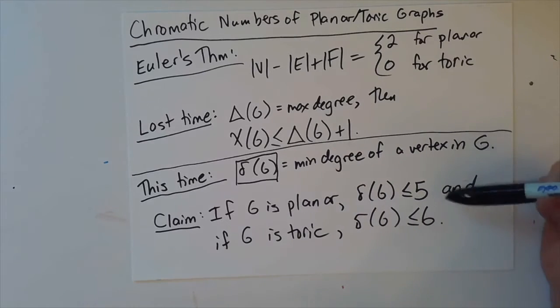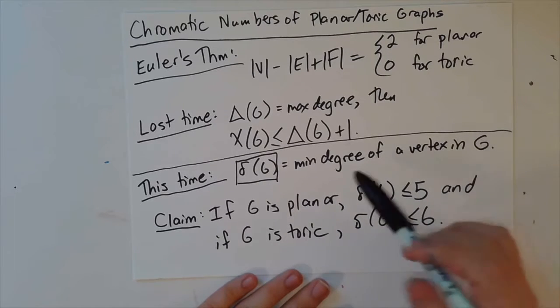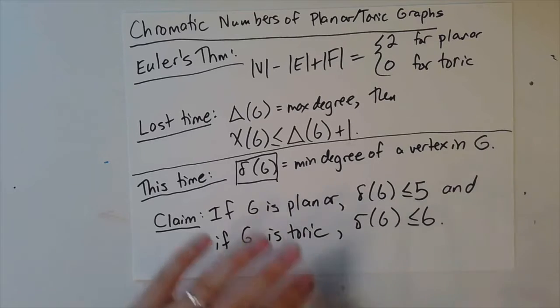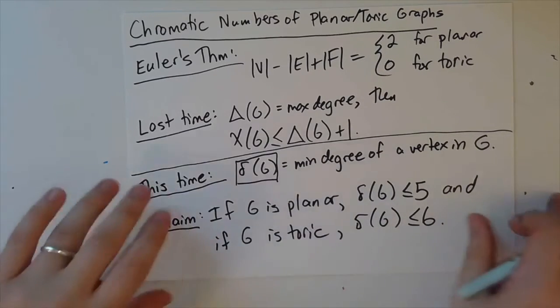Okay, now I'm going to prove this claim, but I want to convince you this claim is interesting in its own right. Because this is not at all obvious: if I try and draw some graph in the plane and draw as many connections all over the place as I possibly can, I can definitely, for example, in the plane, have a graph with vertices of very high degree.